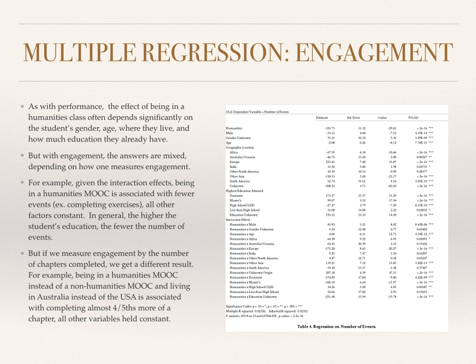Now, looking at engagement, as with performance, the effect of being in a humanities class often depends significantly on whether or not the student is male or female, how old they are, where they're from, and how much education they've already attained. But with engagement, we found out something a little bit different than performance. With engagement, the answers are mixed because it depends on how you define engagement. So for example, you can see on the table here, we have our dependent variable as the number of events.